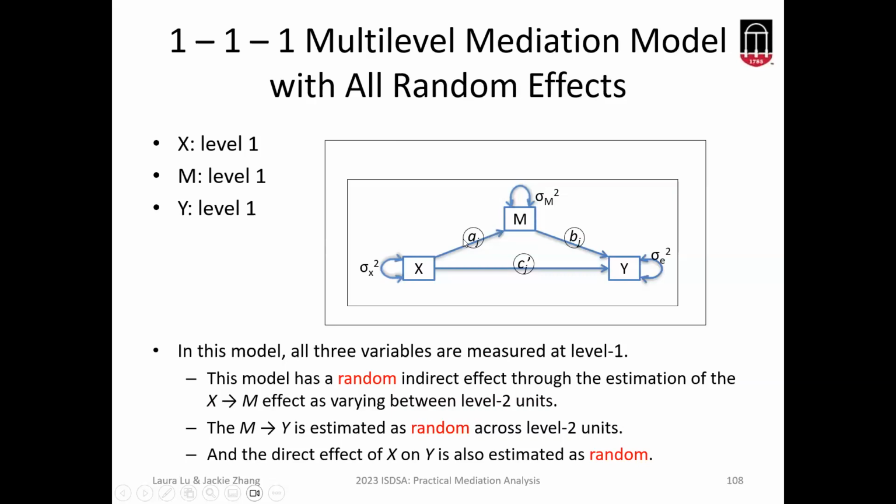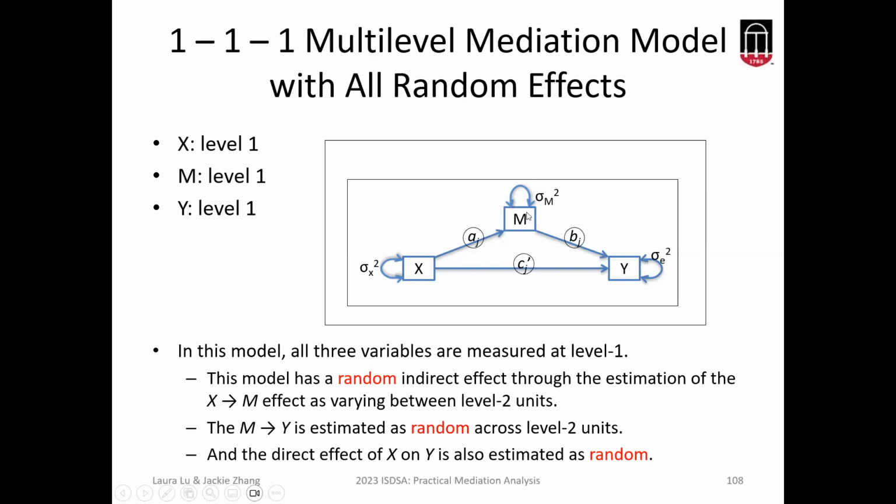Now all the coefficients A, B, C could be different across level 2 units. In classroom 1, we have A1, B1, C1. Classroom 2, we have A2, B2, C2. Classroom 3, we have A3, B3, C3. If we have multiple classrooms, A, B, C are all random variables, so we use A_j to show these are random variables.